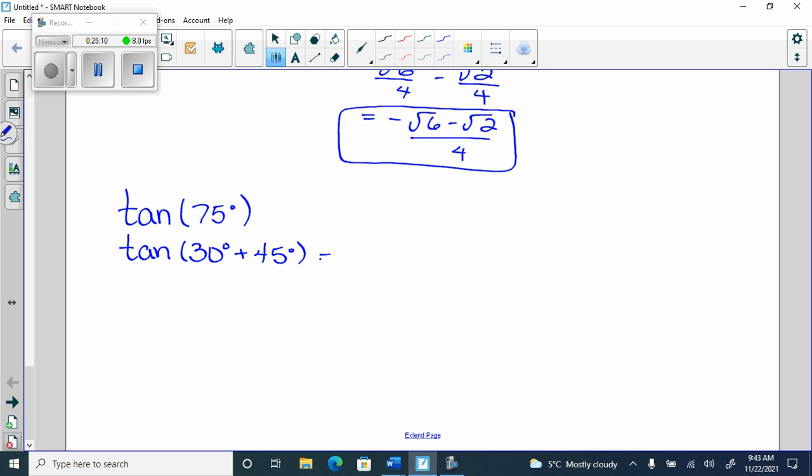That's what I'm choosing was the plus, but you could go a minus too. So plus is tan A plus tan B over 1 minus tan A tan B. So it's tan 30 plus tan 45, over 1 minus tan 30, tan 45.